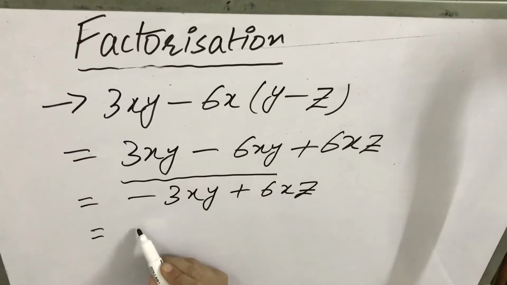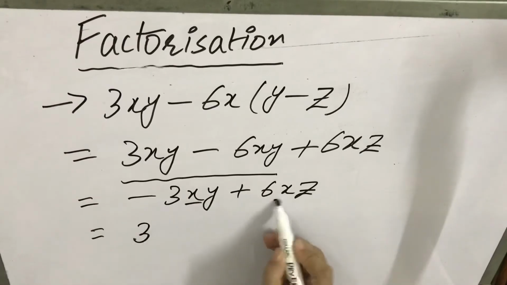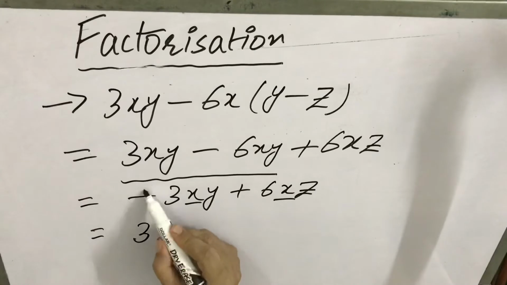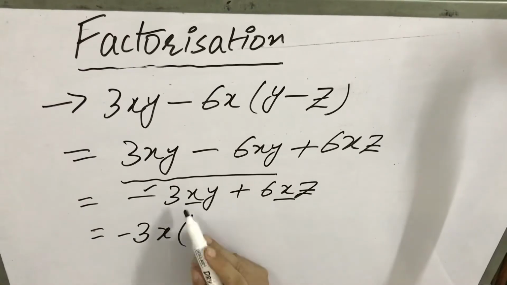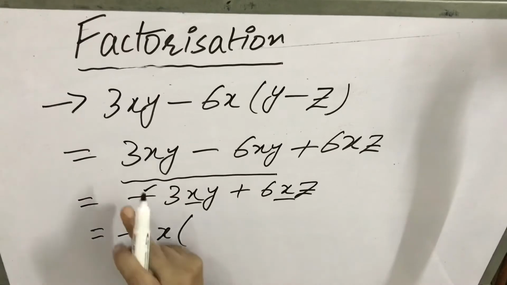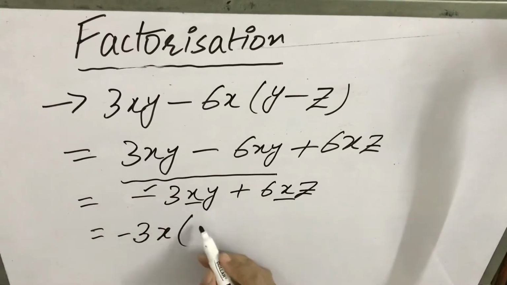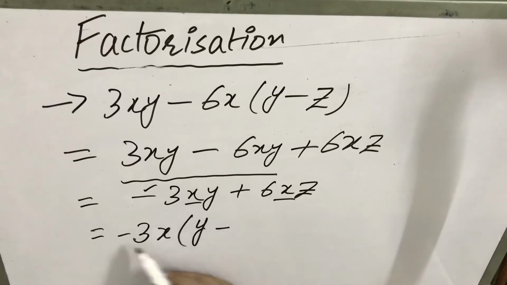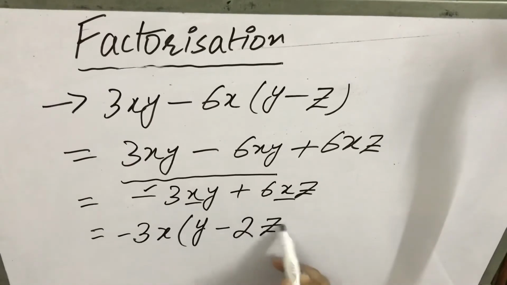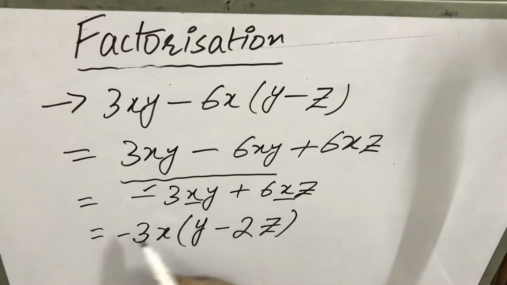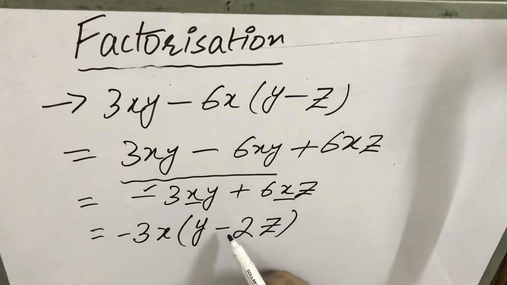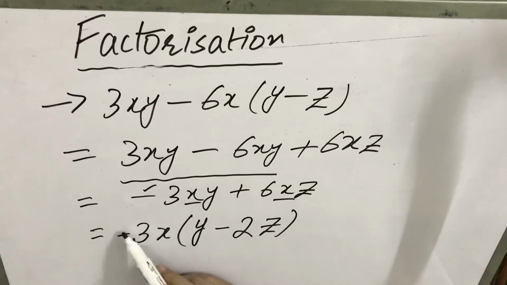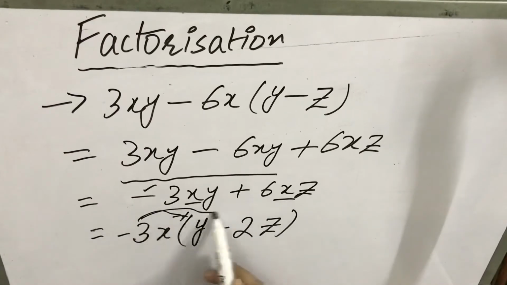I will have 3 along with x outside. I can also take this negative sign outside to make the first term positive. 3 and x both are outside along with this negative sign. So I have positive y, and now negative 3 2s are 6z. If I have taken minus outside, this plus sign will also become negative. When I multiply, it will be negative and the next term will be positive.